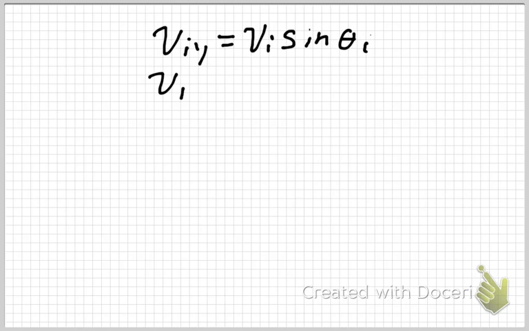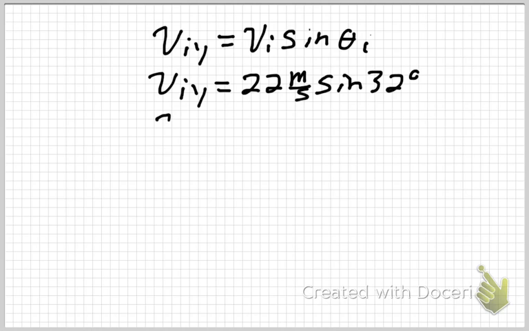So our velocity initial in the y, we get from our initial velocity, which was 22 meters per second, and our initial angle, which was 32 degrees, will give us a velocity initial in the y direction of 11.66 meters per second.